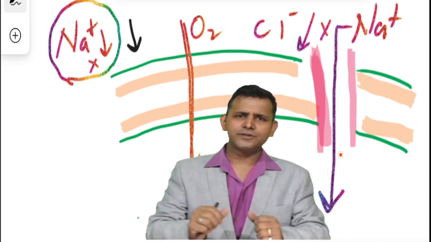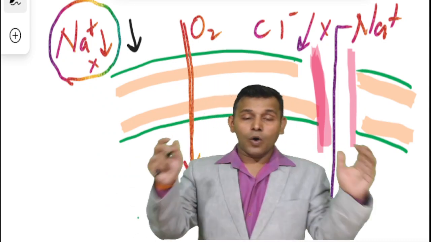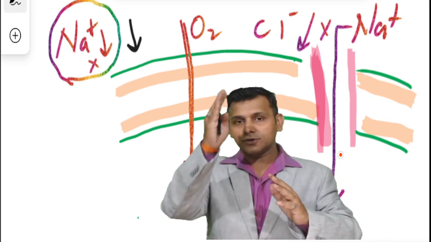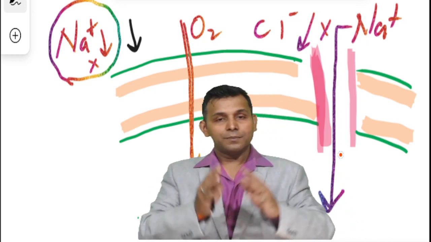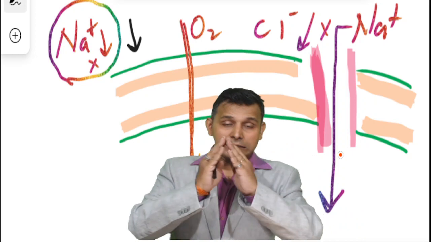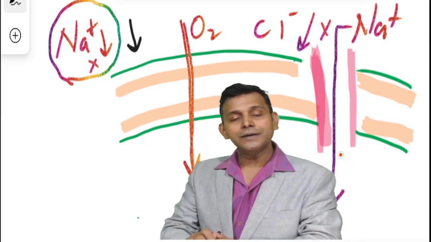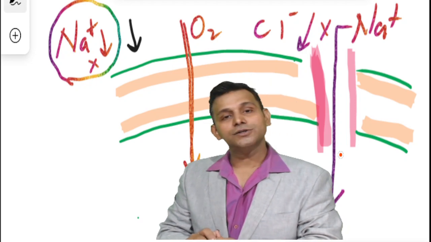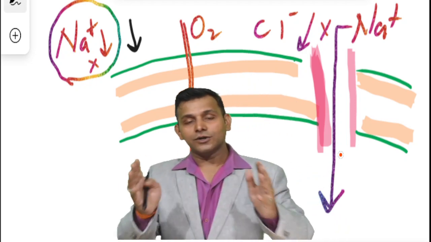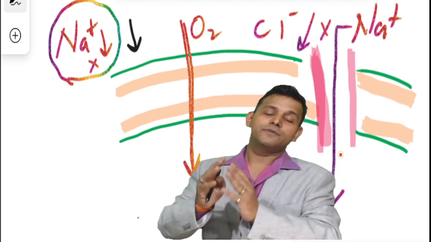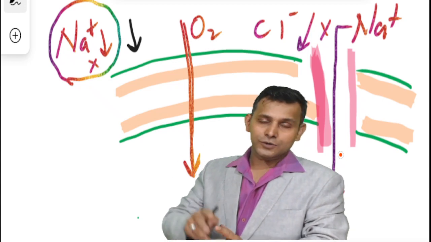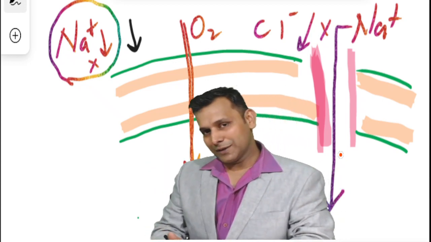This gives a very special arrangement where water soluble molecules cannot cross the lipid bilayer directly, but water hating, or lipid soluble, molecules can cross the lipid bilayer directly. And for the water soluble substances, we have developed special channels or pores through which the substances can move.